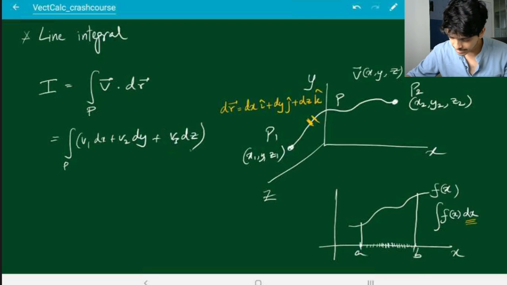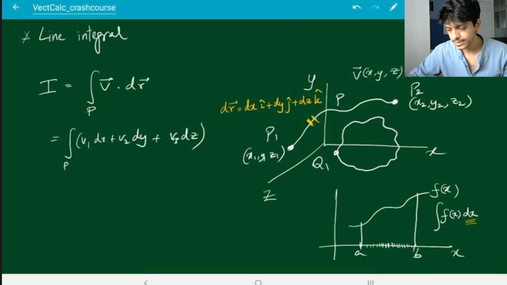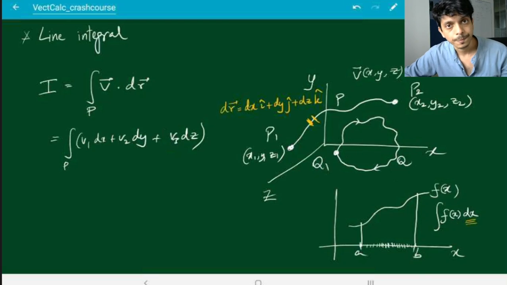Now sometimes it may happen that you want to integrate not from some distinct P1 to P2, but let's say you want to start from some point over here, let's call it Q1, and then I want to integrate over a path which finally turns around and comes back on itself. So this path, let's call it Q, is actually a closed loop.